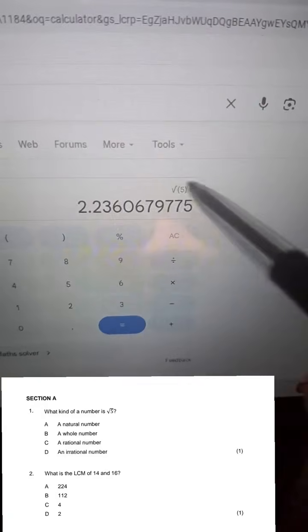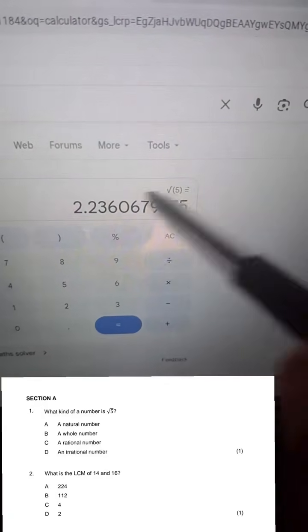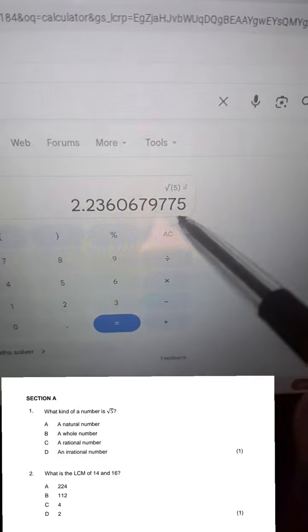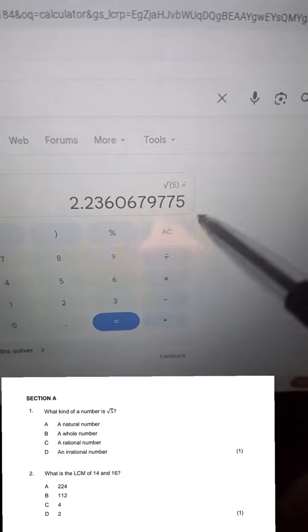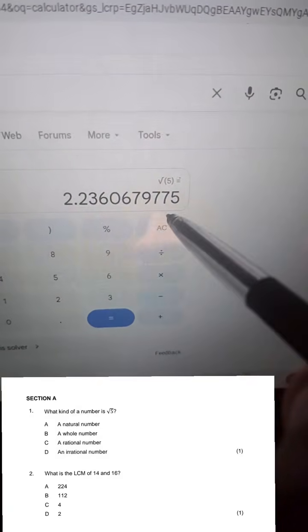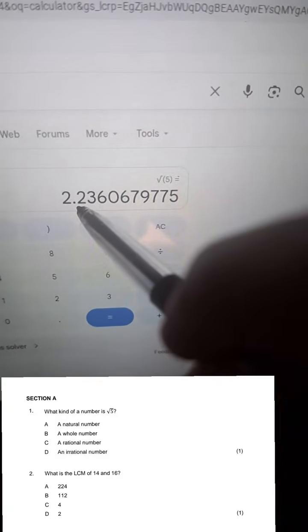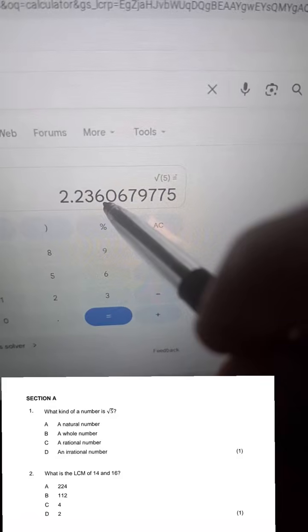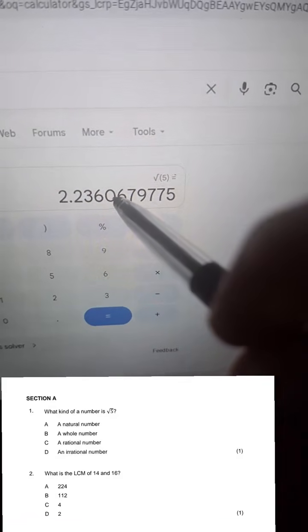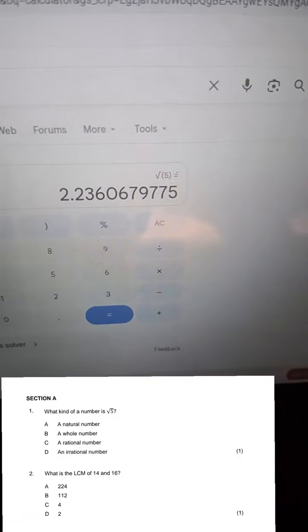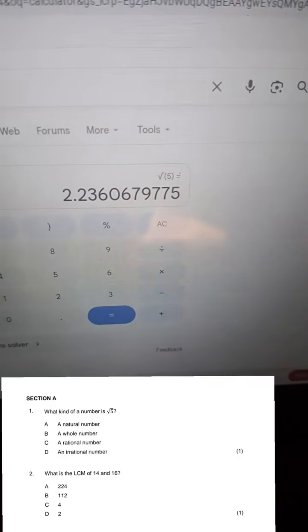What is this reminding you of? I can confirm using my calculator what kind of number this is. Very clear, guys, that 236, no repetition, 06, no repetition, no pattern of repetition.